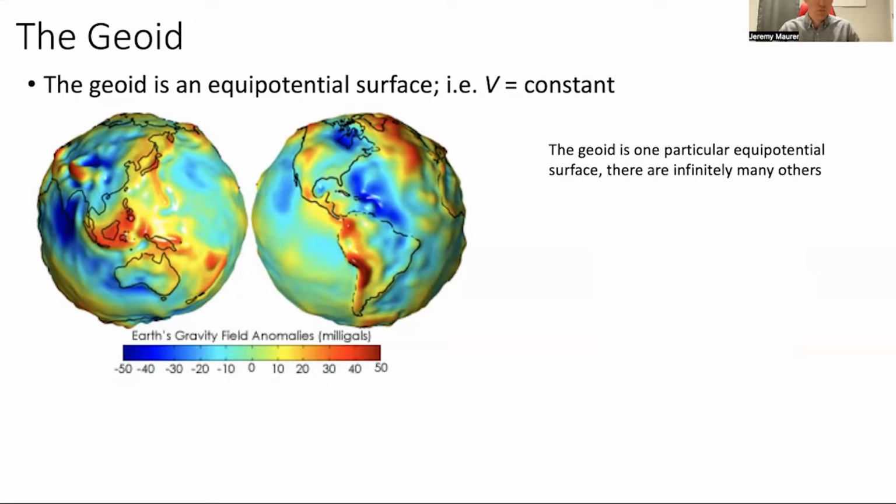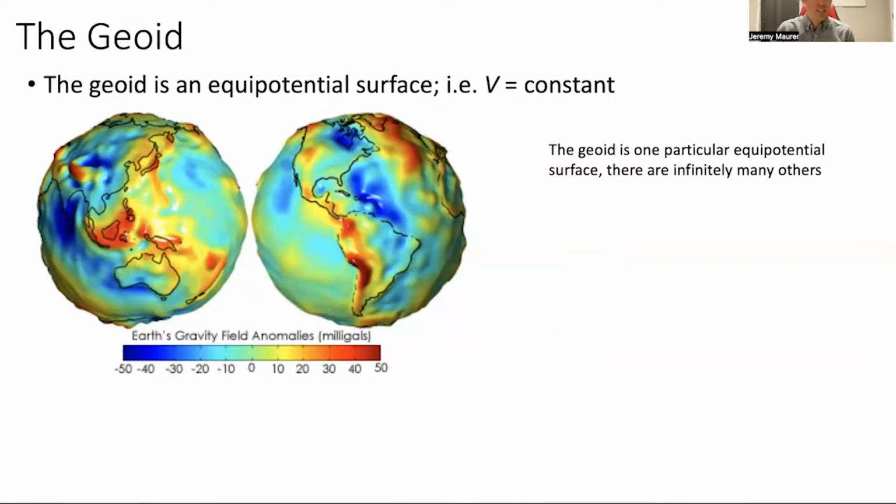So remember I said we'll think about a particular value of gravity as sort of defining the surface of the Earth. So the geoid is one particular equipotential surface, and there are, of course, infinitely many others, depending on what value of gravity you pick. You pick a value of gravity, and you identify the surface with that value. That would be some equipotential surface. This particular one is the geoid.